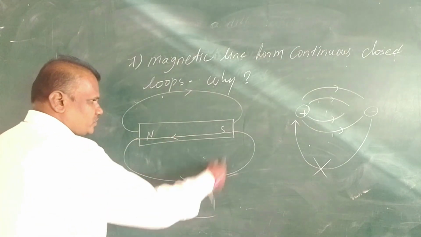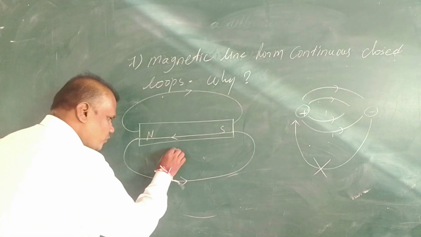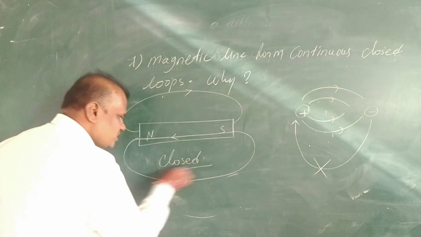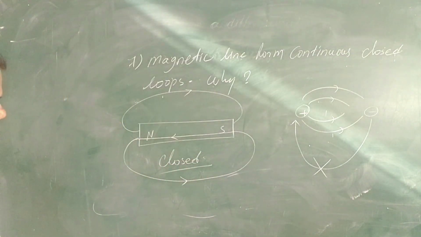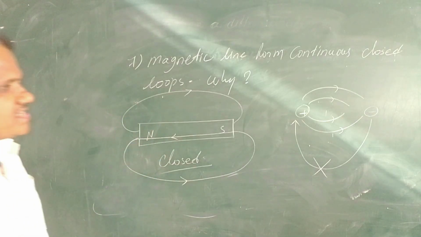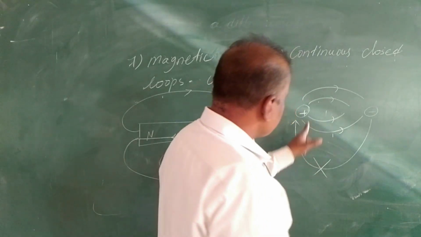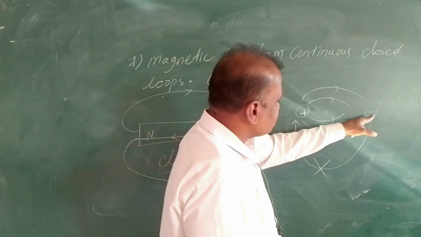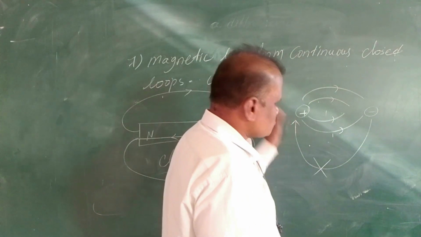So from north to south, again south to north. Therefore, the lines of force in magnetism are closed loops. Whereas in electricity, the lines of force will always be from plus to minus. There is no line of force from minus to plus.